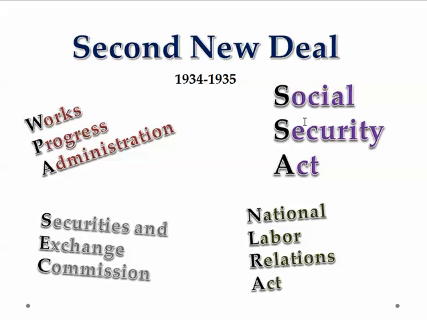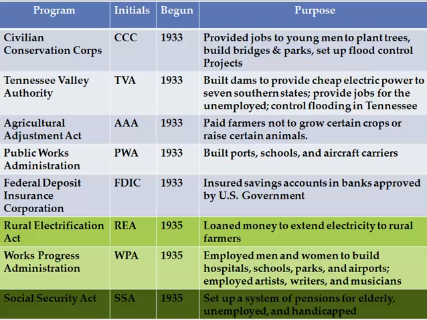We're going to look at these two a little bit closer, but they're during the second New Deal. And here's that chart again. Down here in green shows the second New Deal, and Social Security is part of that. And we have an obligation to look at that a little closer.